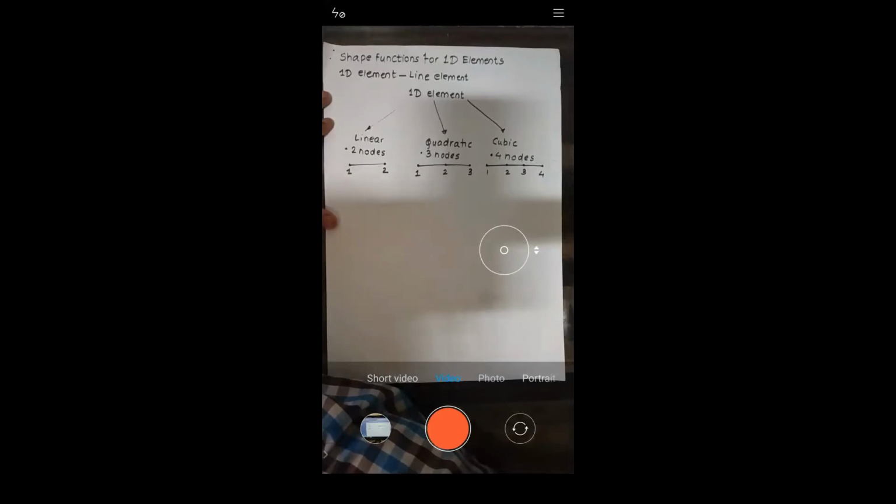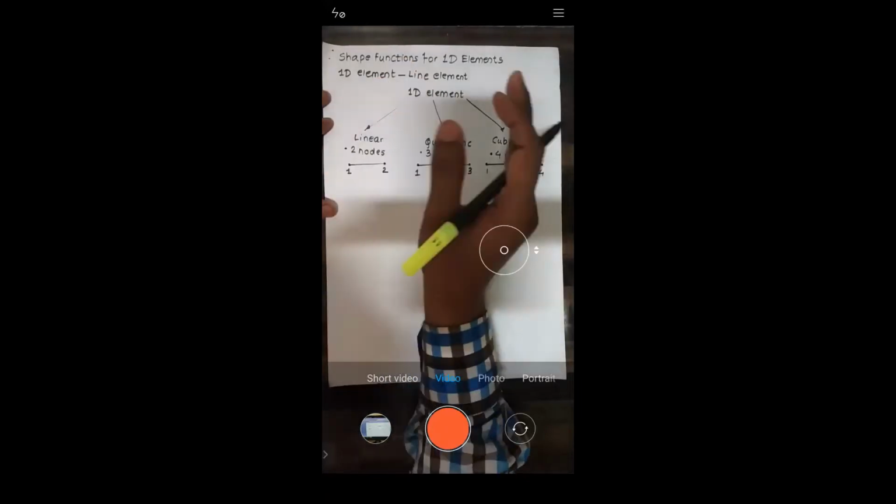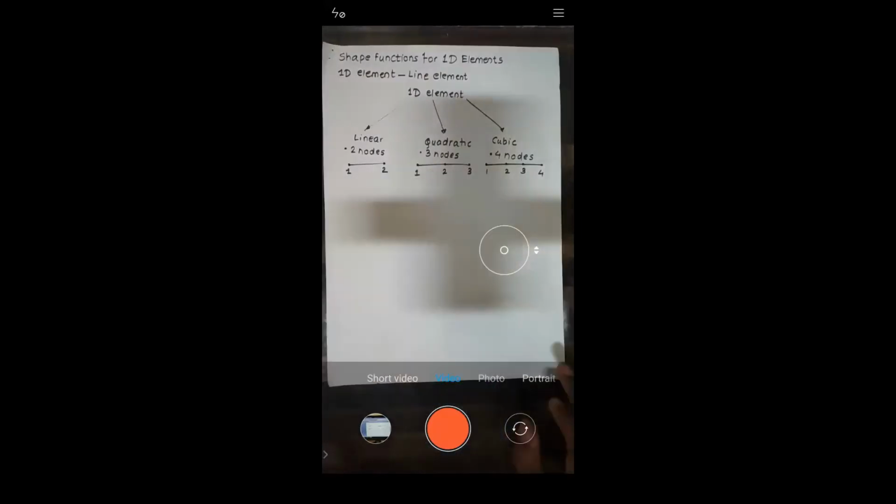So we can have either a linear, quadratic, or cubic element. Have you understood the types of 1D elements?